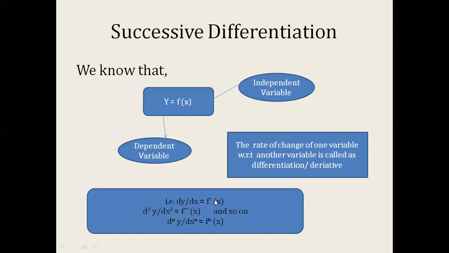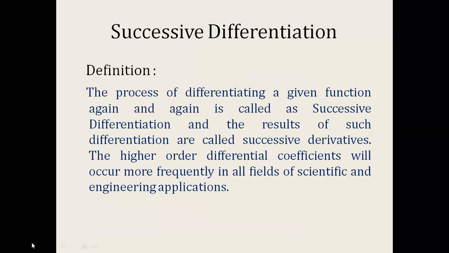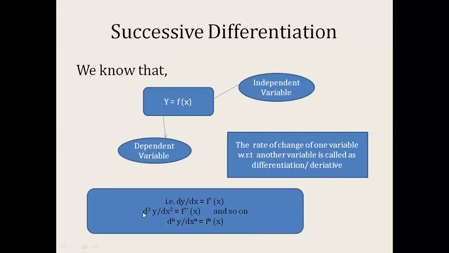Now similarly, if we apply the same process again, we get d2y by dx square, the second order or higher order derivative, which is equal to f double dash of x. If we apply another differentiation with respect to x, we get d3y by dx cube, which is equal to f triple dash of x, and so on.